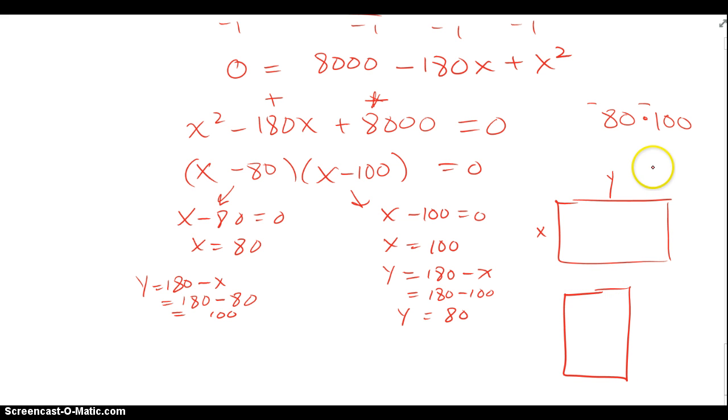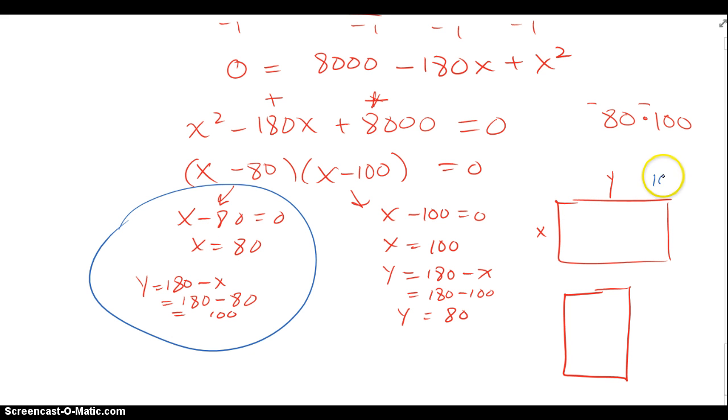It's really either 100 by 80 in this case. This would be 100 yards, and this would be 80 yards. Or if you want to look at it flipped the other way, the y value would be 80 yards, and the width of this region would be the x we found, which is 100 yards.